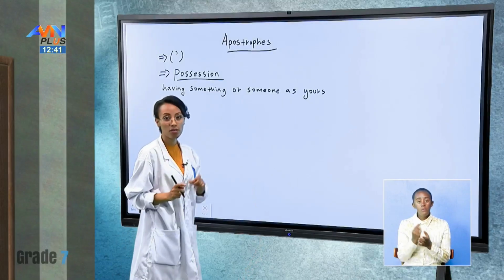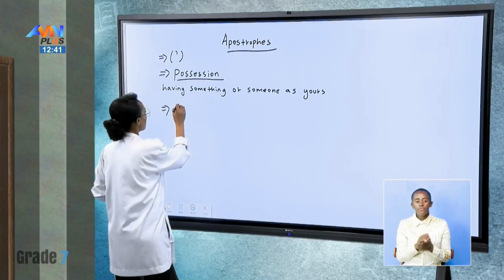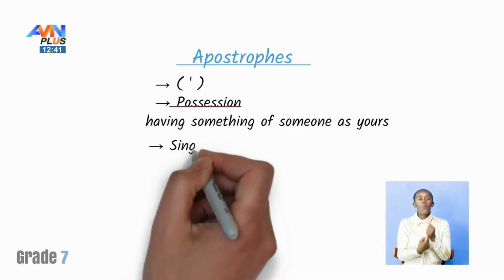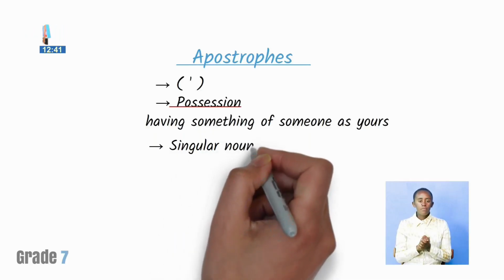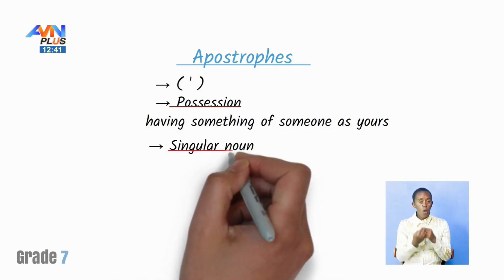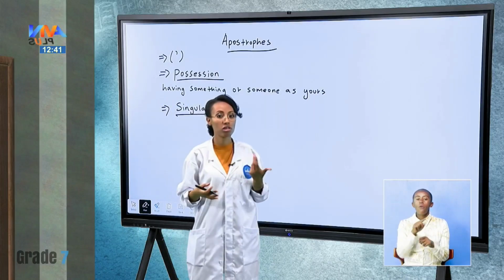The first way we use an apostrophe is with a singular noun. Okay? How do we use an apostrophe with a singular noun?